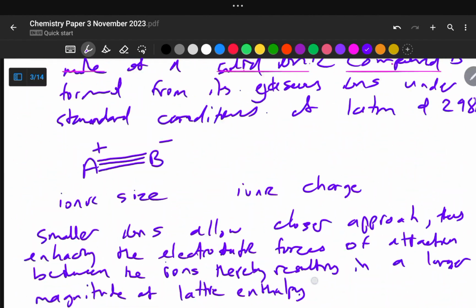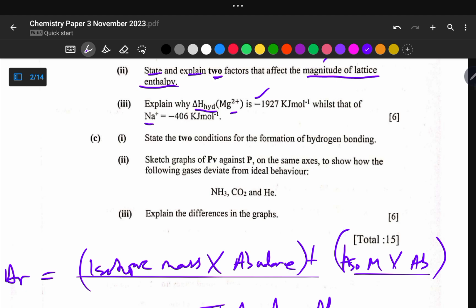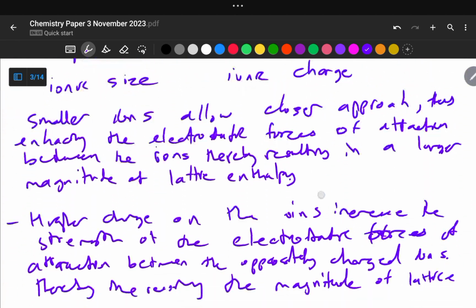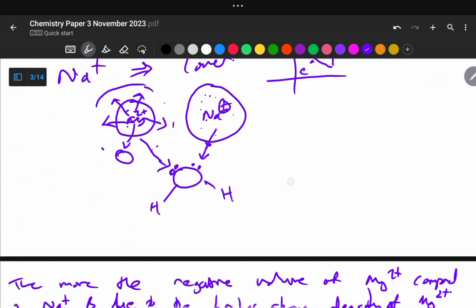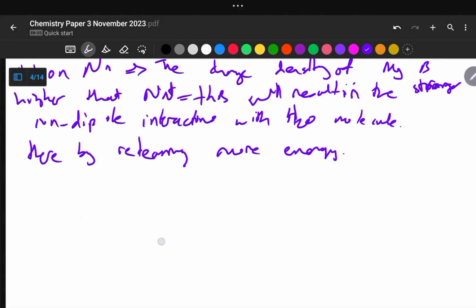So the next part of the question says, state 2 conditions for the formation of hydrogen bonding. So for hydrogen bonding, we are having hydrogen bonded directly to one of the most electronegative atoms, which possesses a lone pair of electrons.